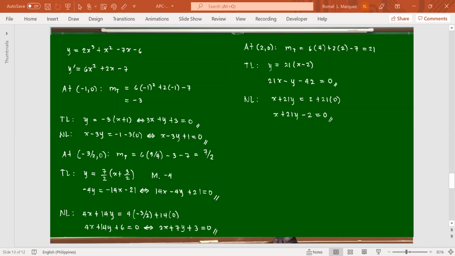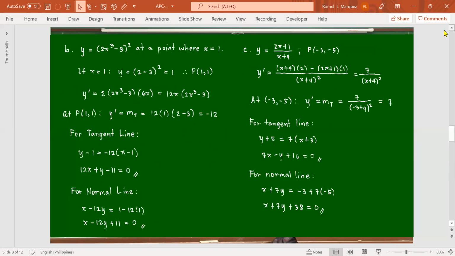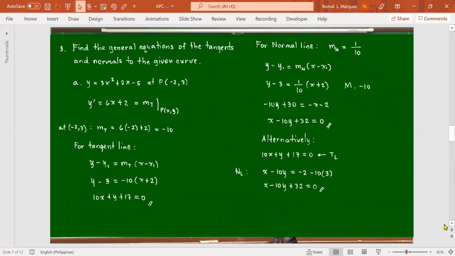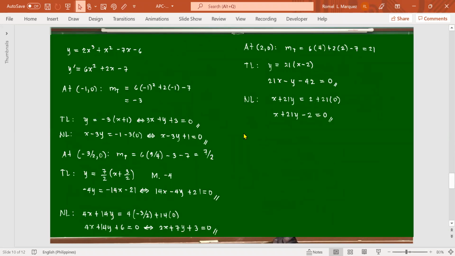Guys, what about if I have this equation? 3x squared plus y squared plus y squared minus 5y plus 3 is equal to 0, number 3.